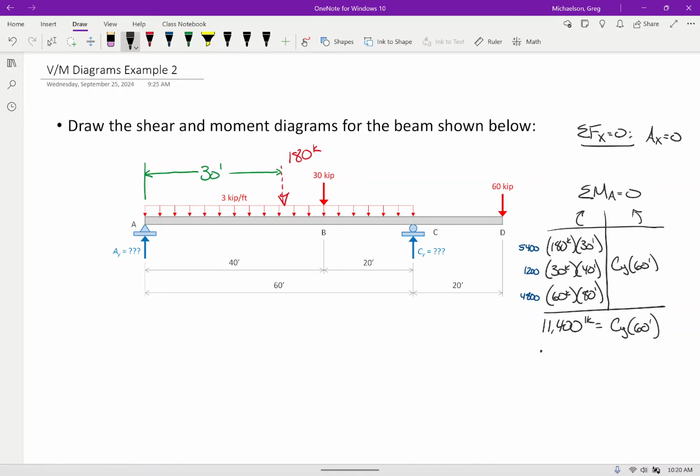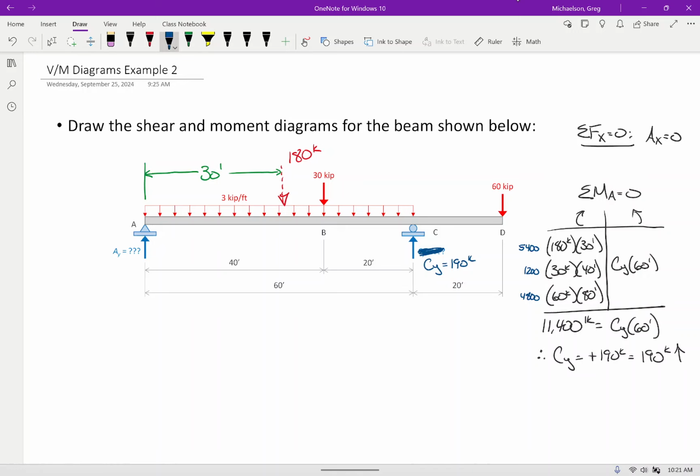So what's CY? 190. Everybody okay with that? Maybe I'll just do that to make the point that I've computed that.